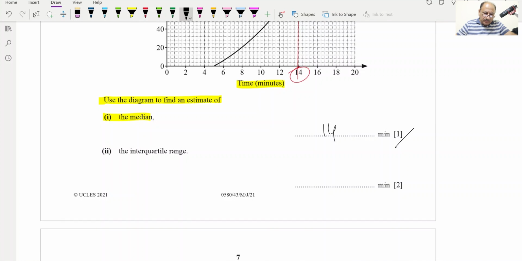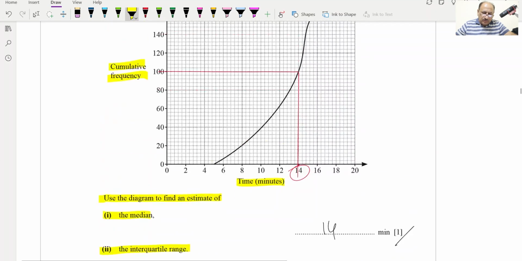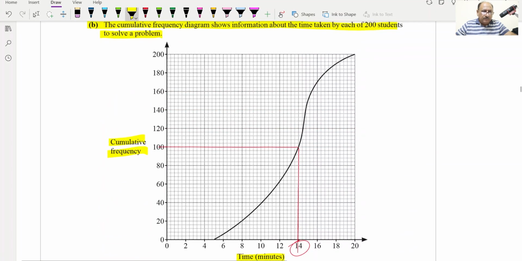And one more question, the second part, the interquartile range. Interquartile range is upper quartile minus lower quartile. So for the upper quartile we will take 75th percent, 75% of 200.